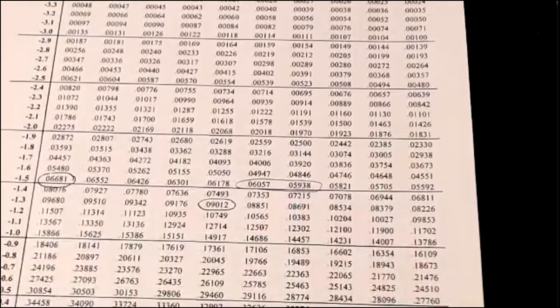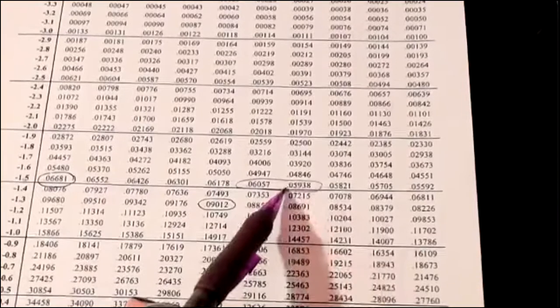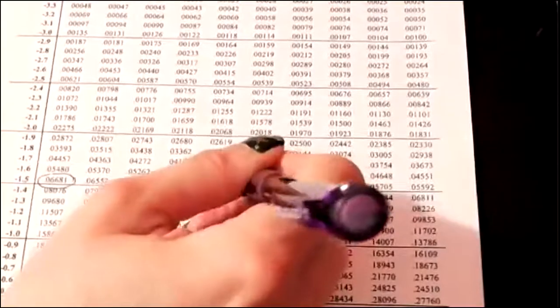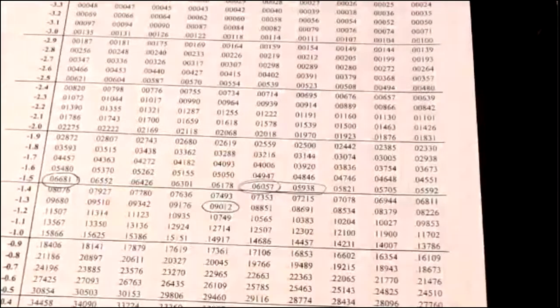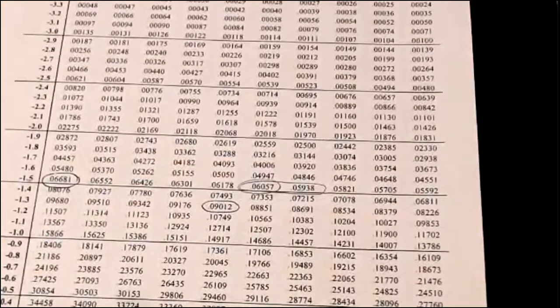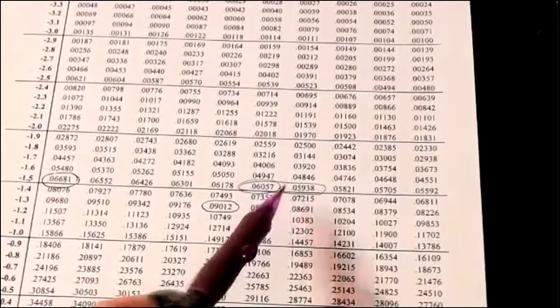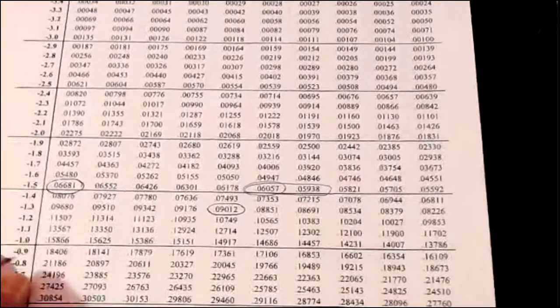Then I'm going to take 0.06 and subtract 0.05938. Aha. It looks like it's actually closest to the region on the left, because the region on the left is 57 versus 62. When you subtract, you'll see the difference, 57 versus 62.